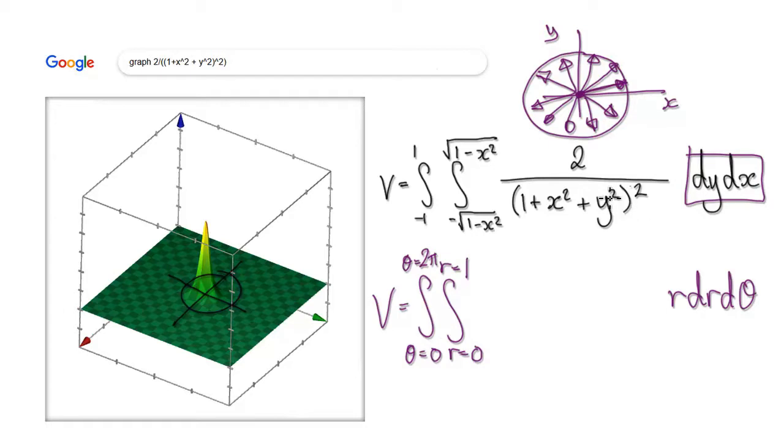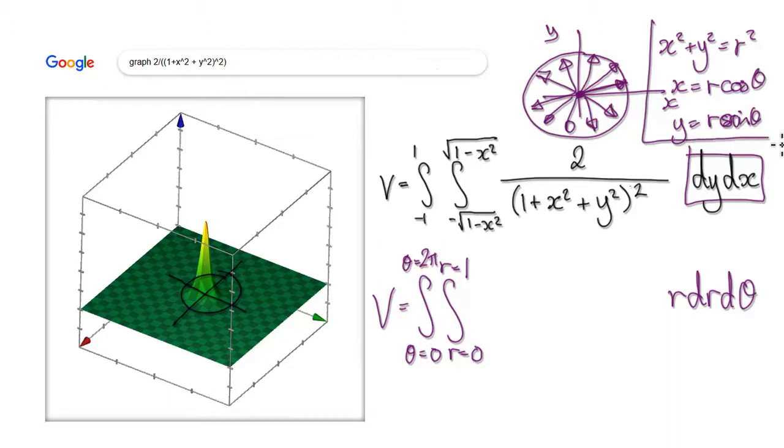And then when you're converting from Cartesian into polar, always keep an eye out for x squared plus y squared equals r squared, and always keep an eye out for x equals r cos theta, y equals r sine theta. I'm expecting you to know this by now.